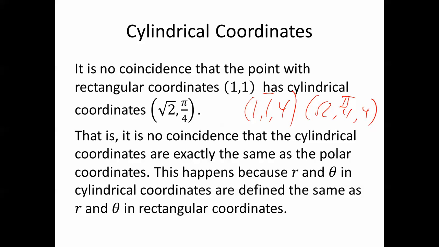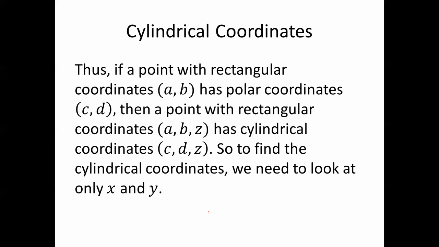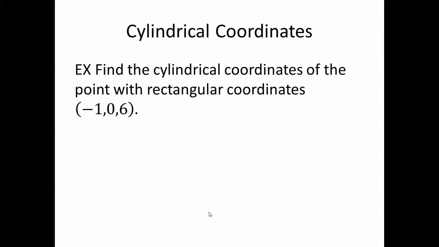It's no coincidence cylindrical coordinates are exactly the same as the polar coordinates. This happens because r and theta in cylindrical coordinates are defined the same as r and theta in, not rectangular coordinates, but r and theta in polar coordinates, sorry. Thus, if a point with rectangular coordinates a, b has polar coordinates c, d, then a point with rectangular coordinates a, b, z has cylindrical coordinates c, d, z. So to find the cylindrical coordinates, we need to look at only x and y.